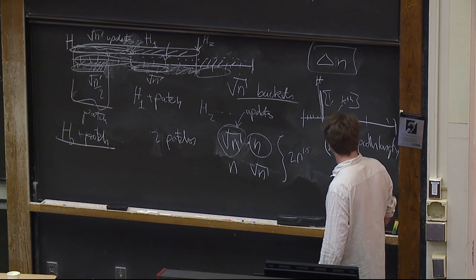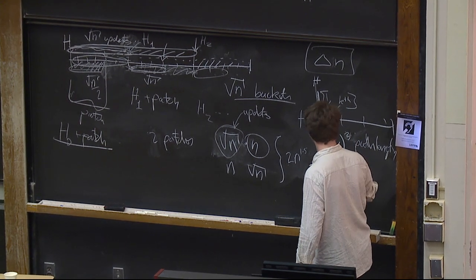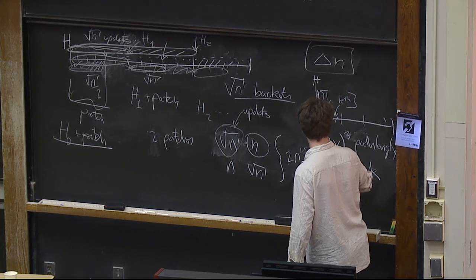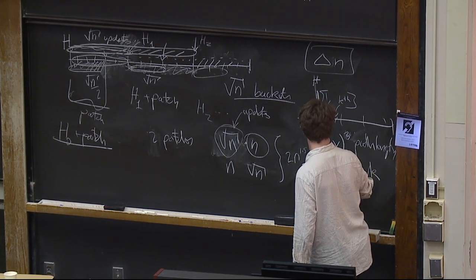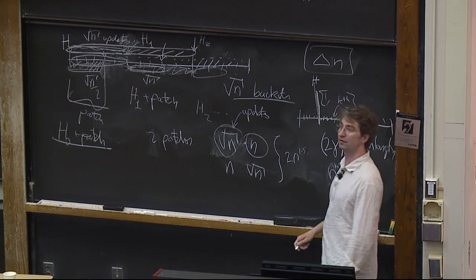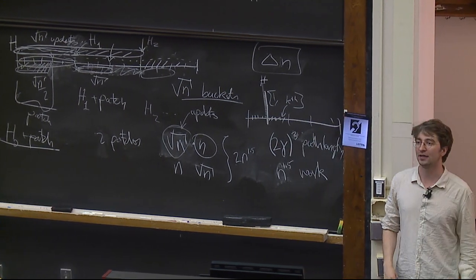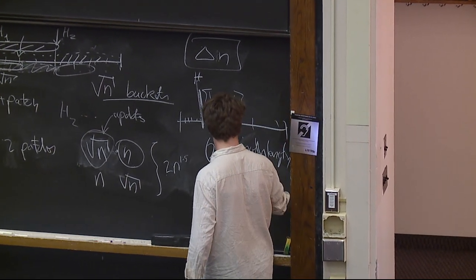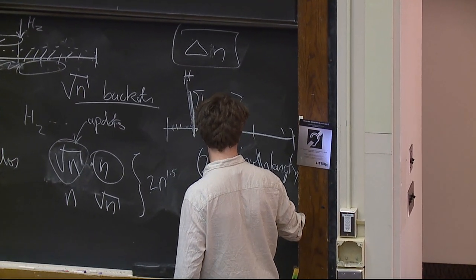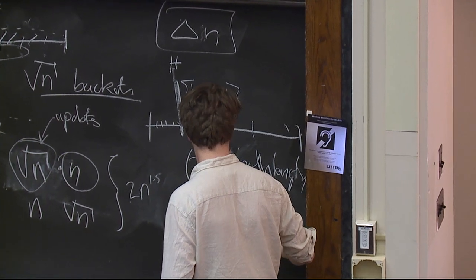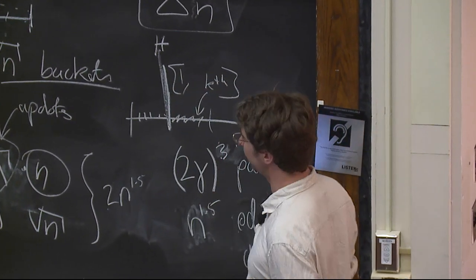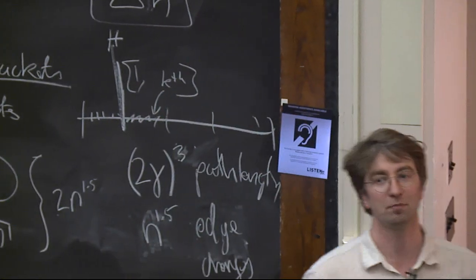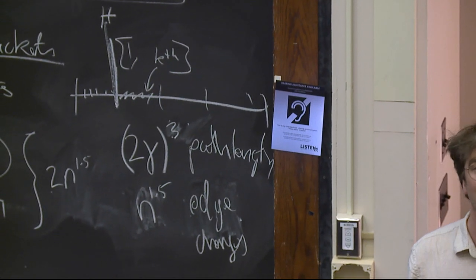Then the amount of work, or the amount of changes that we made, let's say edge changes in total, was n to the 1.5. Because that was the total amount of how many times we took in a patch of a certain size and then patched. This added up to n to the 1.5.